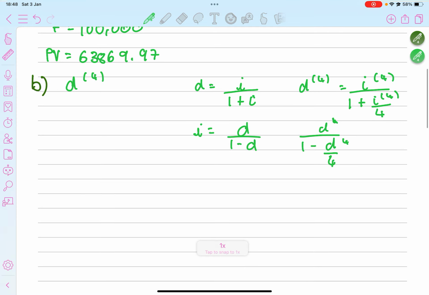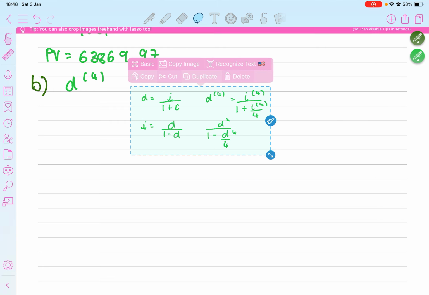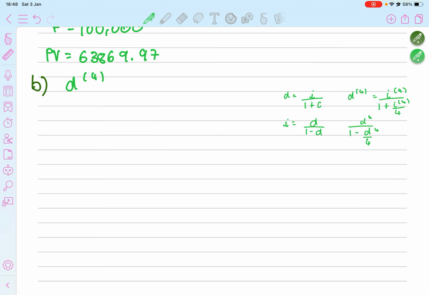So what did they say d was? 0.06. So we have 0.06 over 1 minus 0.06 over 4, which is 12 over 197.